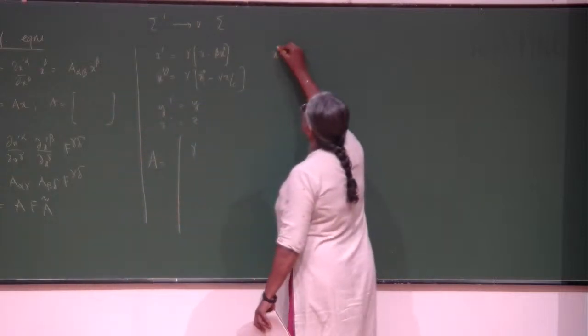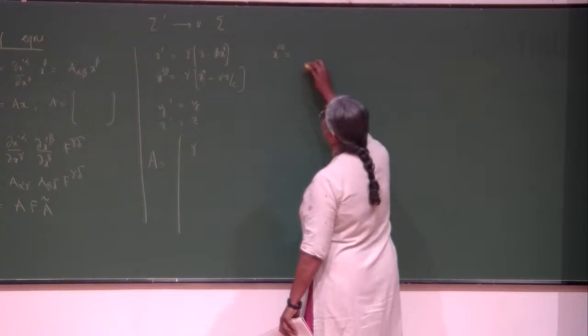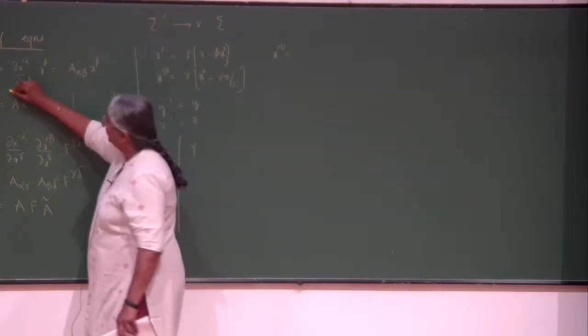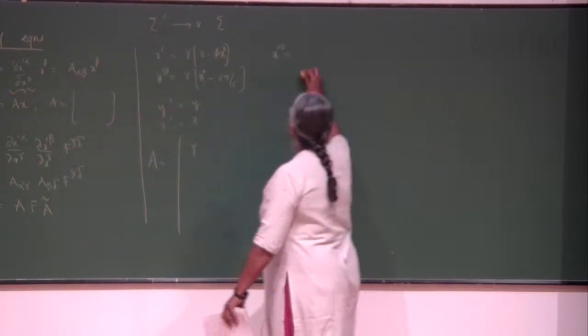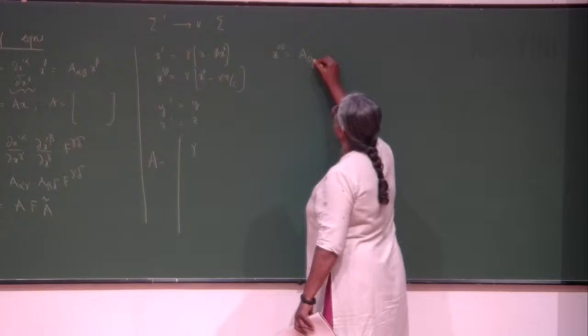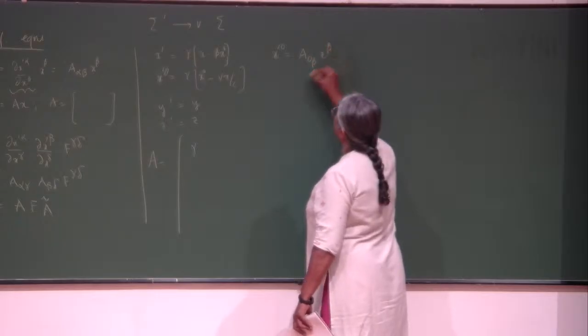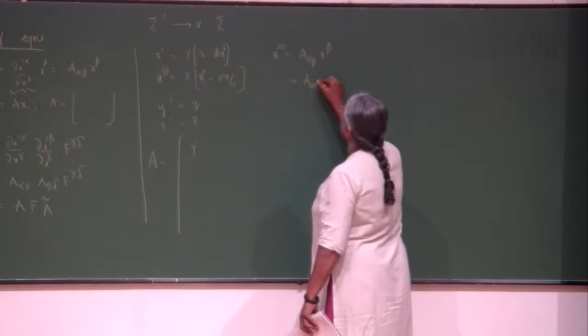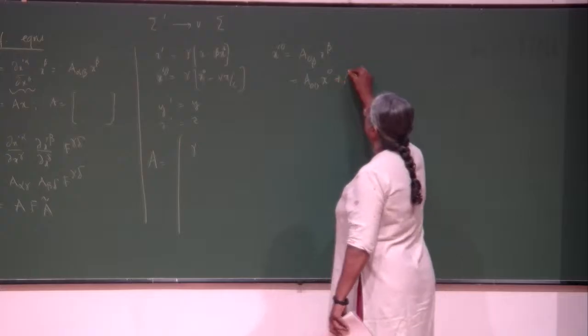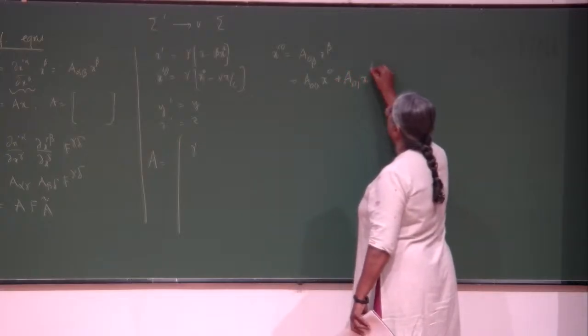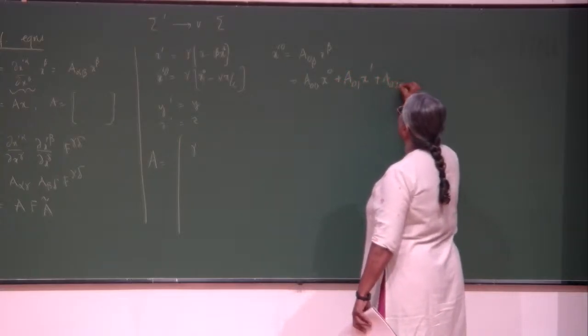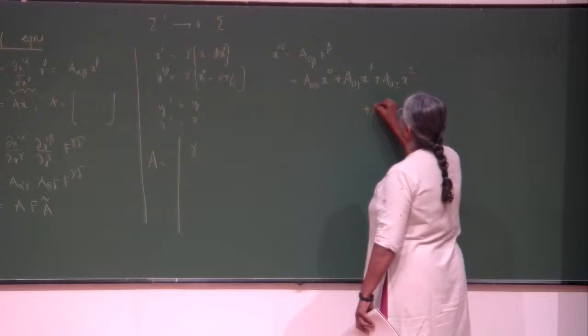So x prime 0 is equal to, this I have called A alpha beta, right? So A 0 beta x beta, right? That will be A 0 0 x 0 plus A 0 1 x1 plus A 0 2 x2 plus A 0 3 x3, right?